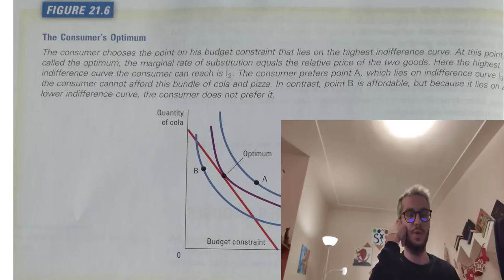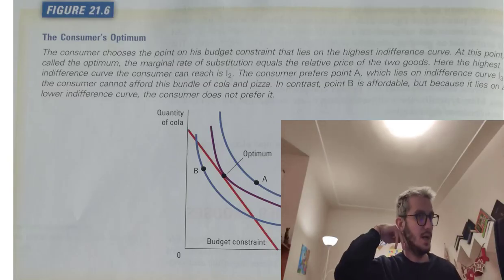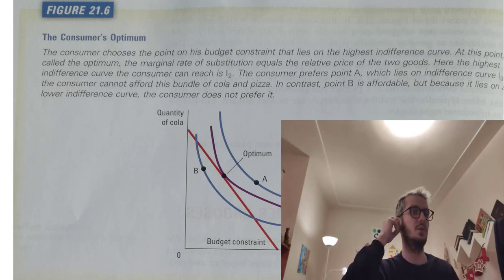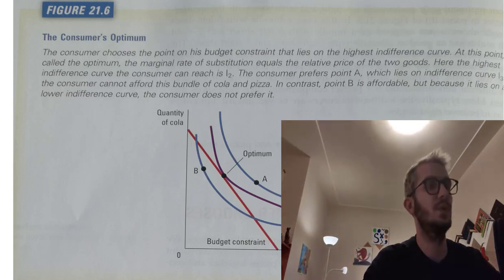The consumer's optimum. The consumer chooses the point on his budget constraint that lies on the highest indifference curve. At this point, called the optimum, the marginal rate of substitution equals the relative price of the two goods. Here, the highest indifference curve the consumer can reach is this one.